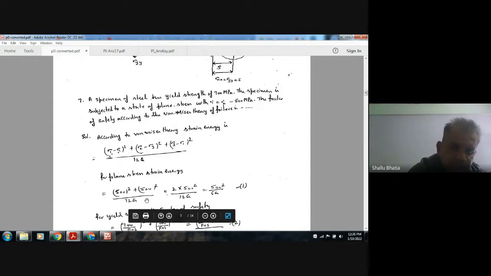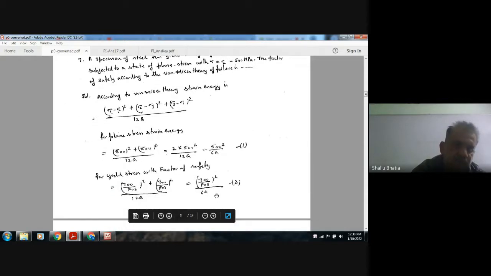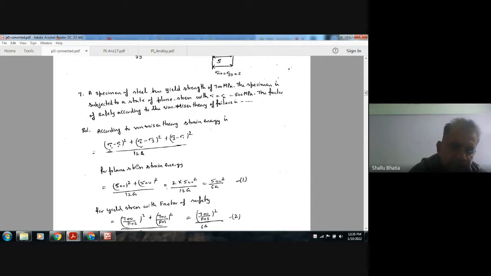So this is your strain energy, 2 into 500 square divided by 12G, or 500 square by 6G is your strain energy under the working condition.